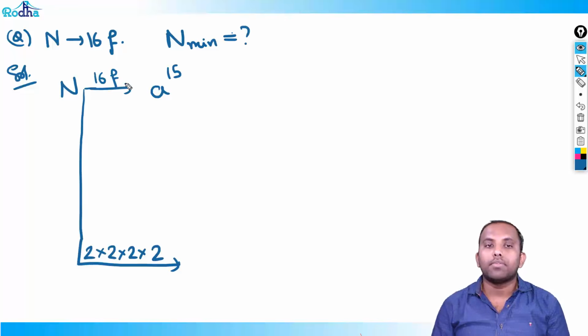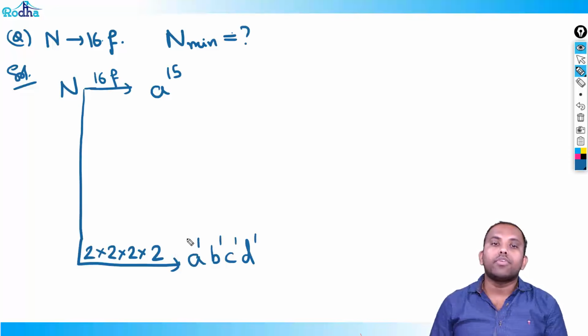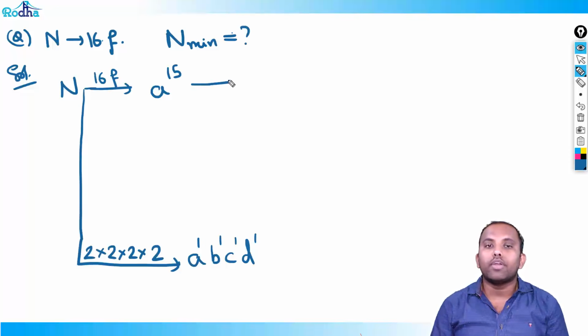This is the maximum splitting of 16, in terms of 4 prime bases: A into B into C into D. All have factor 2, so powers are 1, 1, 1, 1. Obviously, for A raised to 15, what is the minimum value? It is 2 raised to 15.